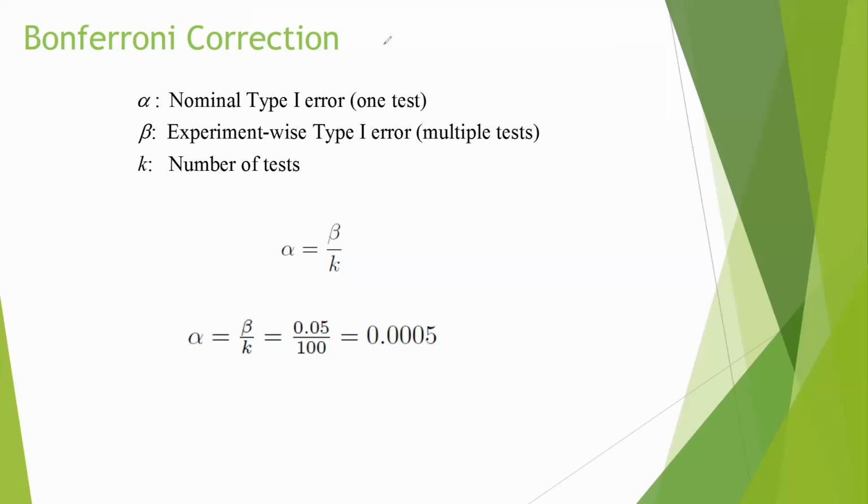So this is one way that can help us to control the potentially enlarged, inflated family-wise type 1 error. Suppose this is the nominal type 1 error for one test, let's say 0.05.